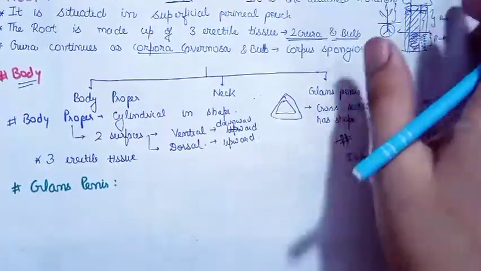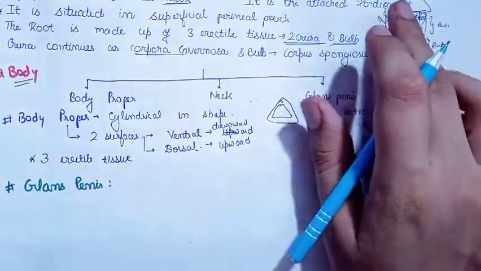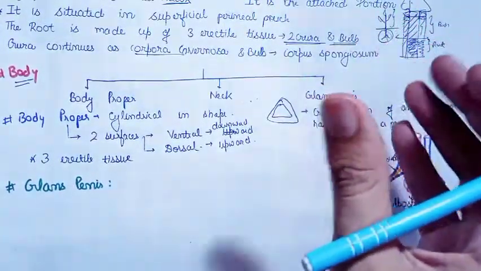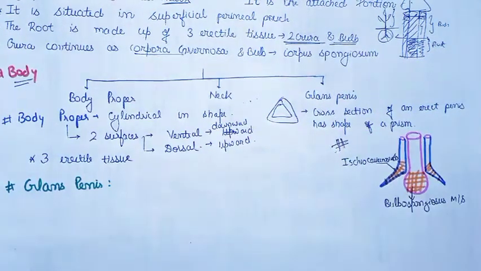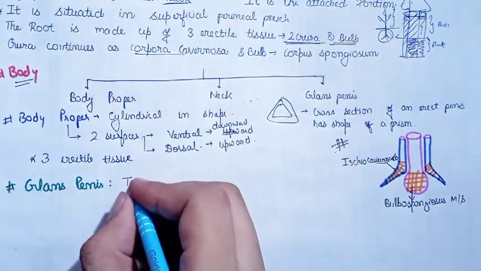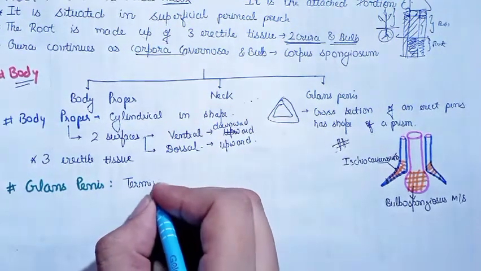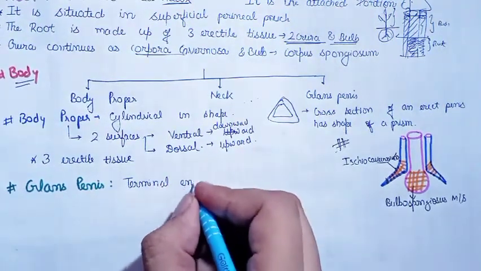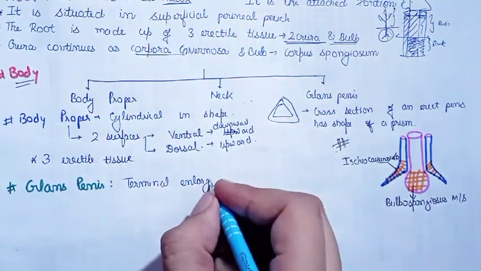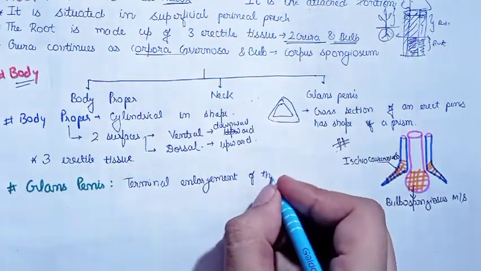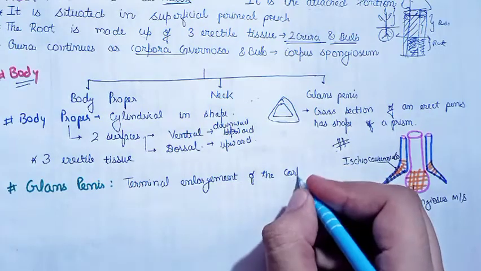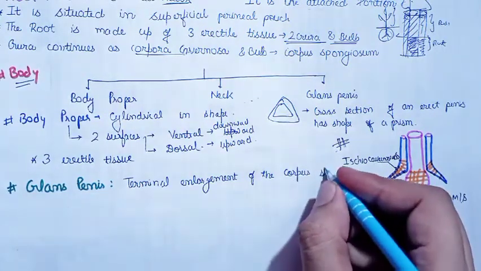As I told you earlier, the glans penis is just the enlargement of the corpus spongiosum part of the body of the penis. So it is a terminal enlargement of the corpus spongiosum.